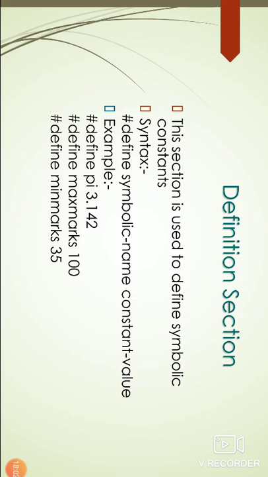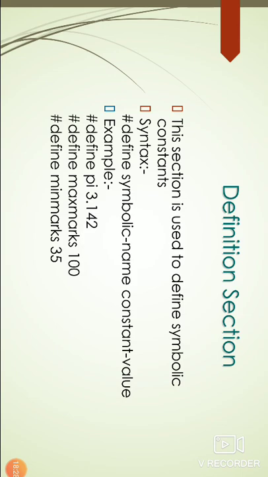So let's see the examples here. Hash define space pi space 3.142. Here we are defining a constant, that is pi, and I'm assigning it the value 3.142. This is the value of pi. So now I have declared a constant value.